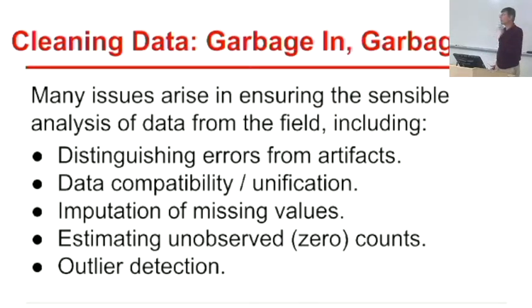Or another thing, let's say we're building a regression model. Remember, in a regression model, you're building some function of the input variables to predict some y value. Suppose one field was missing. On a particular record, you want to make a prediction and one field is missing.